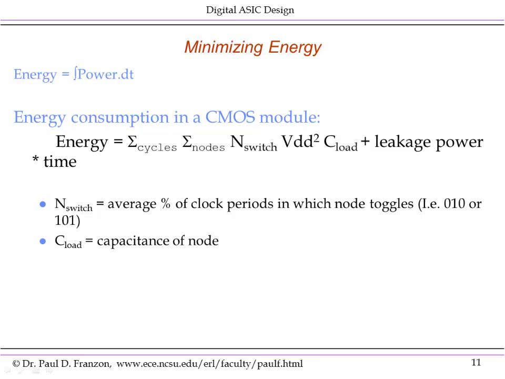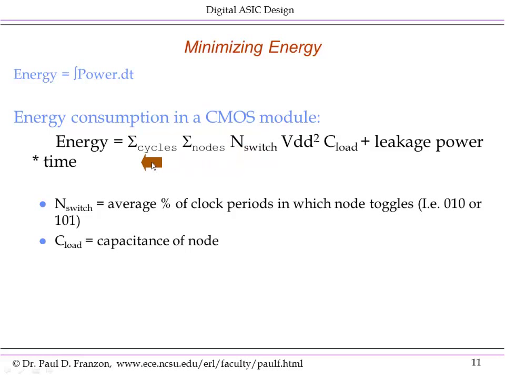Now, before I was arguing that a more fundamental metric is energy to complete an operation, or possibly energy to complete a task, because that then obviates trade-offs that just trade power for time. So energy, of course, is the integral of power over time. We do this integral here, and you can rewrite it in this fashion.